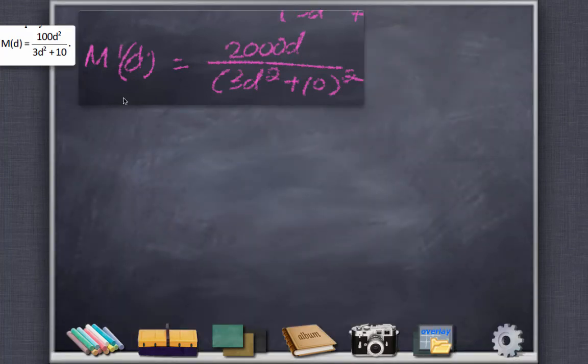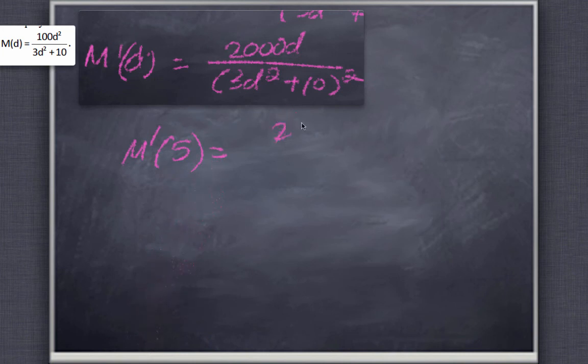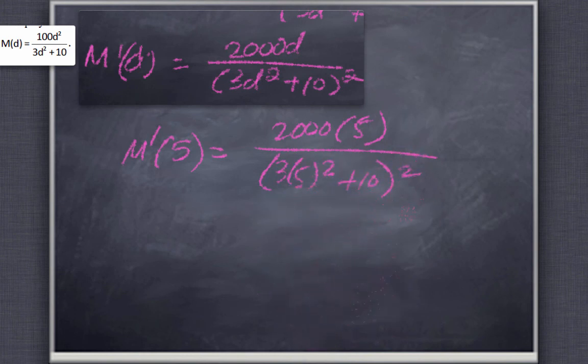And then we plug in 5. Five squared is 25, times 3 is 75, plus 10 is 85.